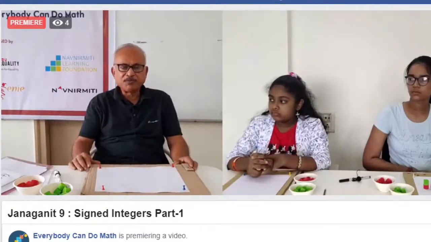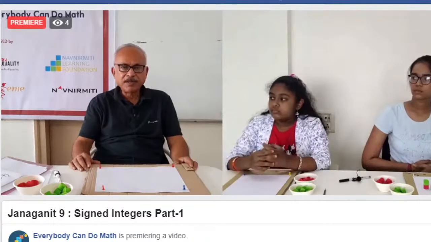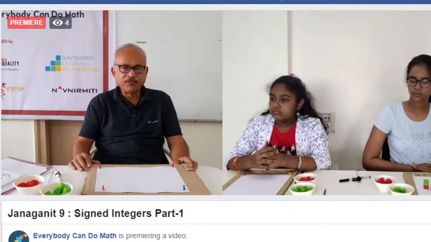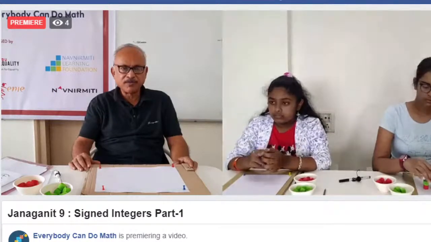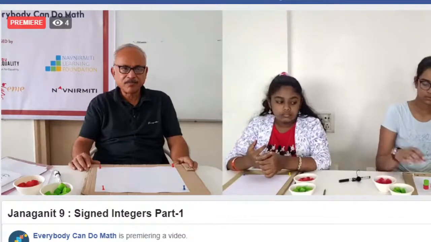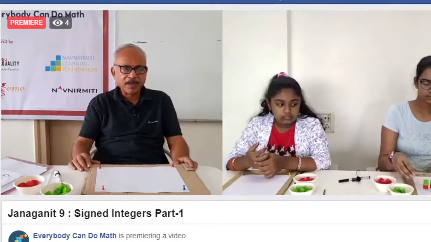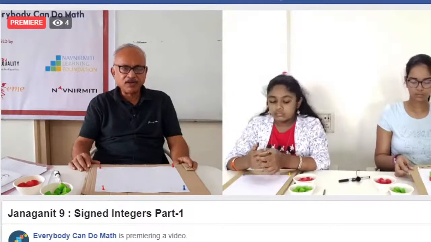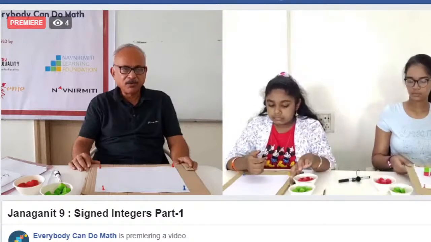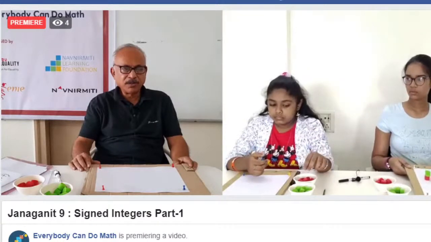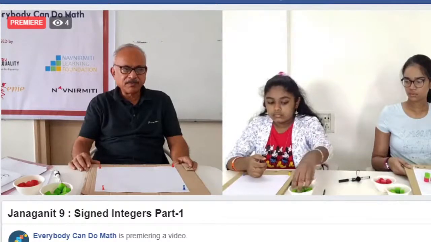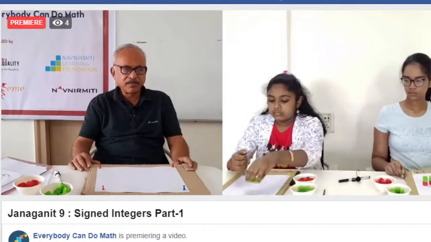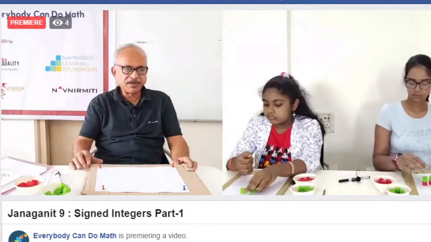Now let us go to the next problem. Nandita, you put 3 green plugs and 2 red plugs in your account. And Gyan Jyoti, in your account, you put 2 green plugs.